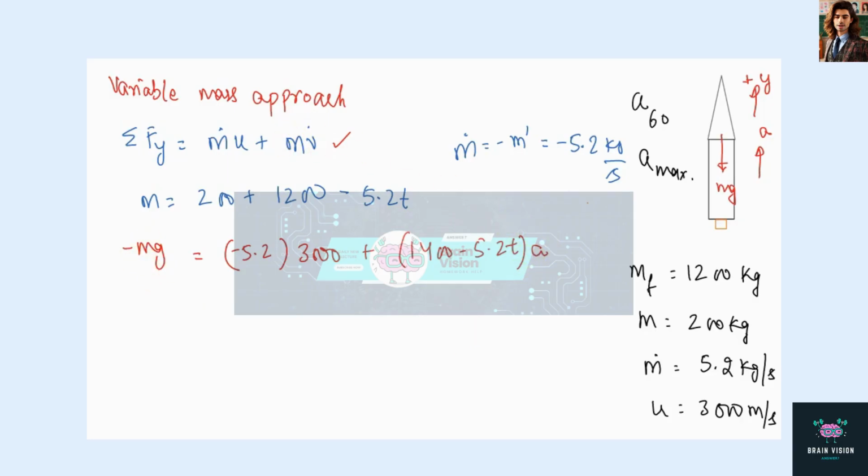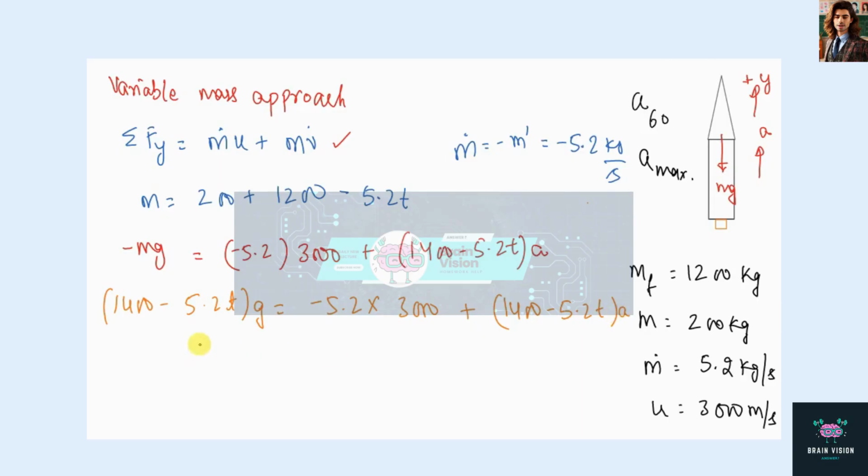We can put the values. So (1400 minus 5.2 t) times g is equal to minus 5.2 times 3000 plus (1400 minus 5.2 t) multiplied by a.